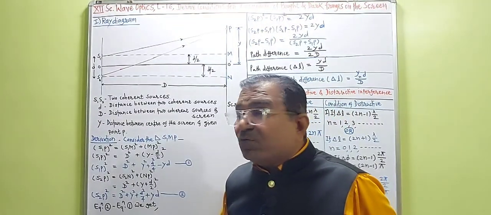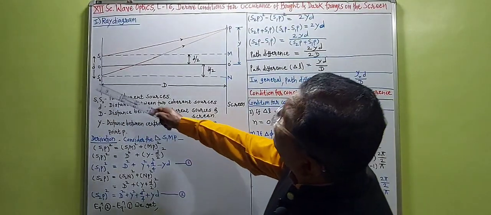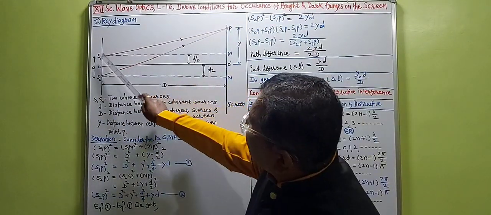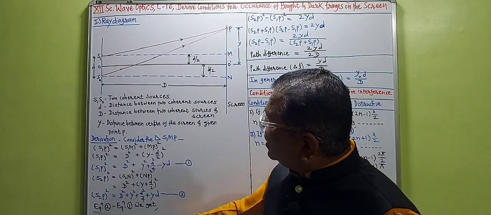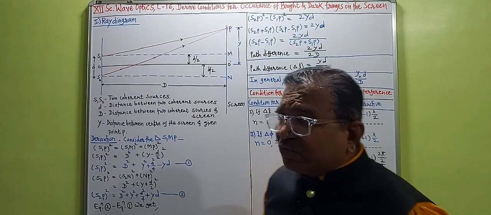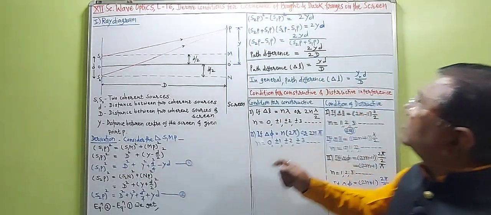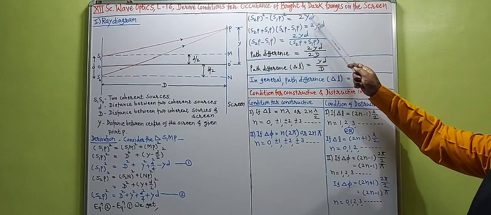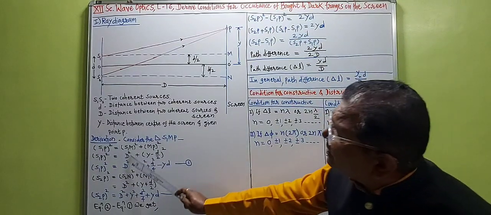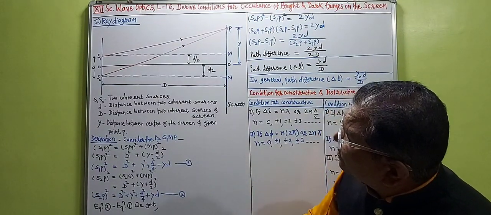We want to calculate S2P minus S1P. For that purpose, we do subtraction, equation 2 minus equation 1. We get this equation like this: S2P square minus S1P square is equal to 2YD. How does it come? This D square will cancel with this D square.